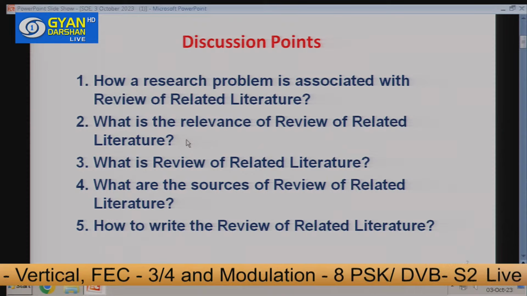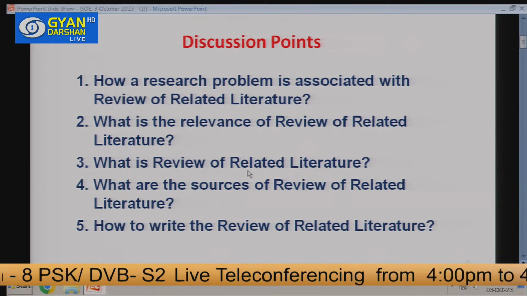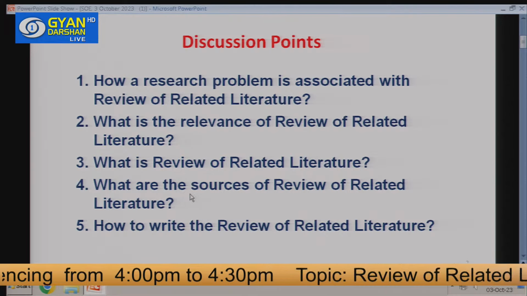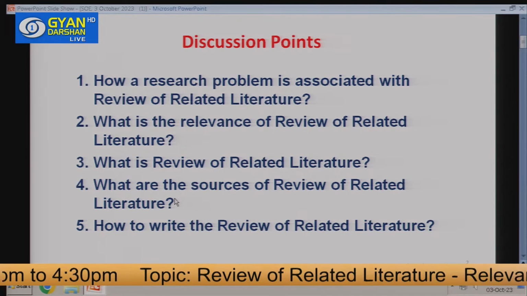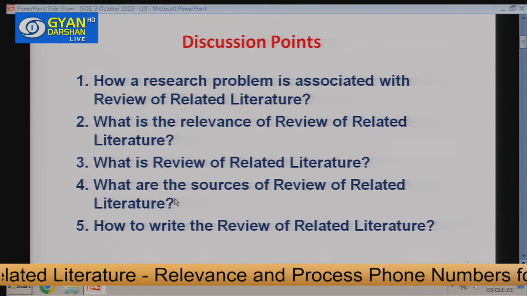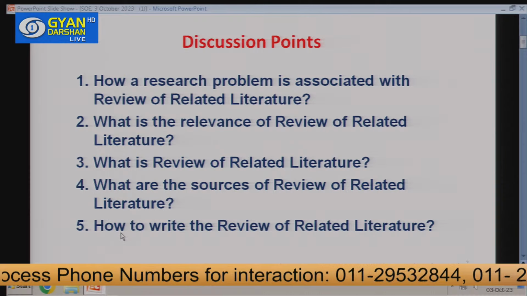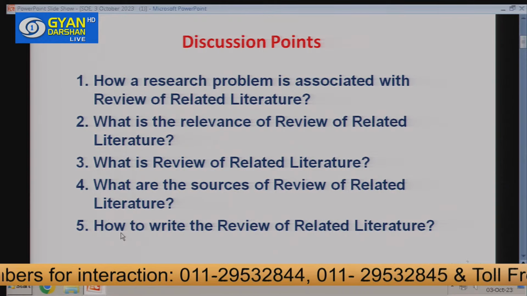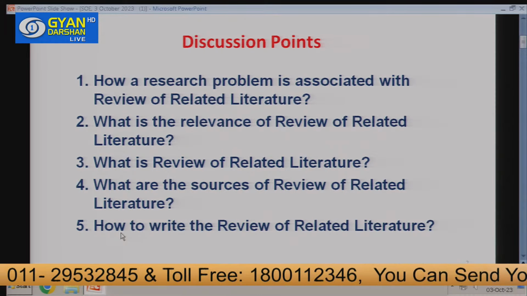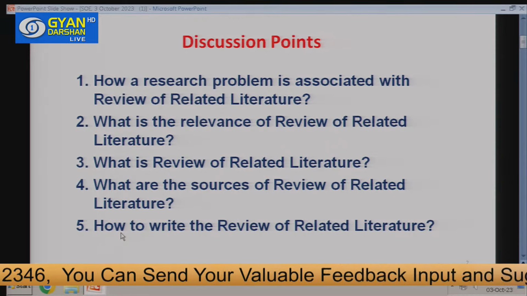The next discussion point is what is review of related literature, the very concept of it. Then we will discuss what are the sources of review of related literature, the different sources that as a researcher you will be using to design your review of related literature and to use it in your research. And the last discussion point is how to write the review of related literature. So friends, these are the important discussion points. We will try to get answers to these questions.